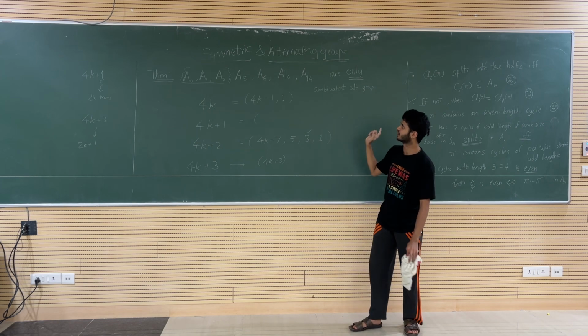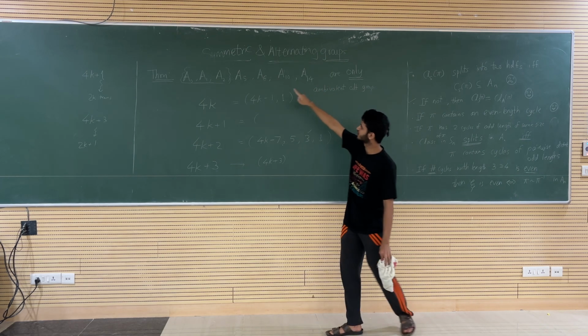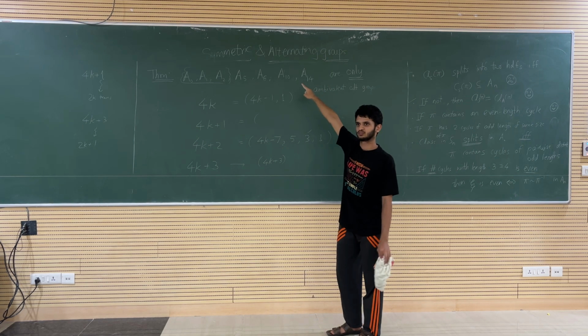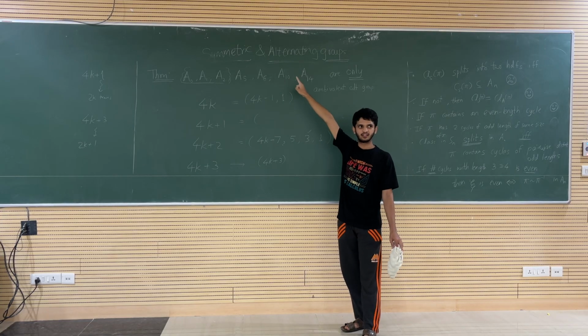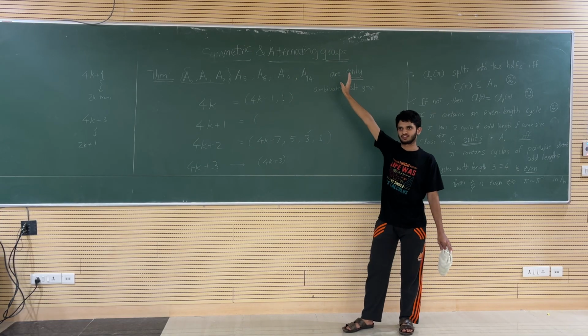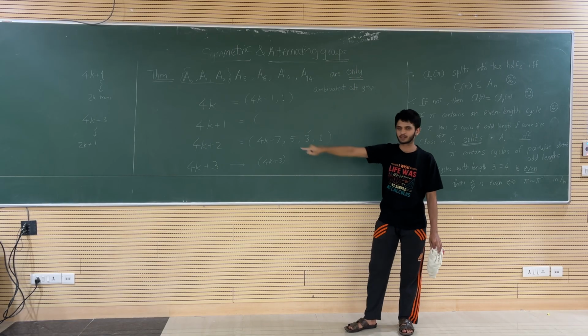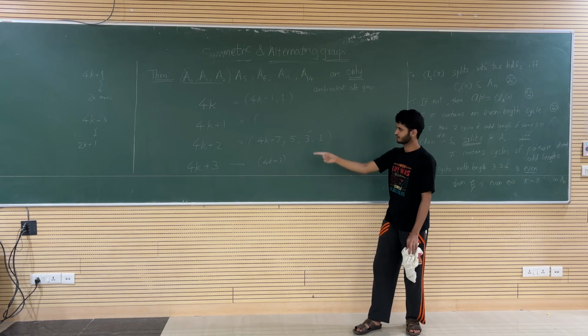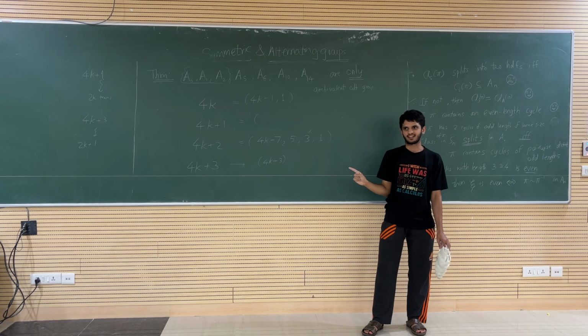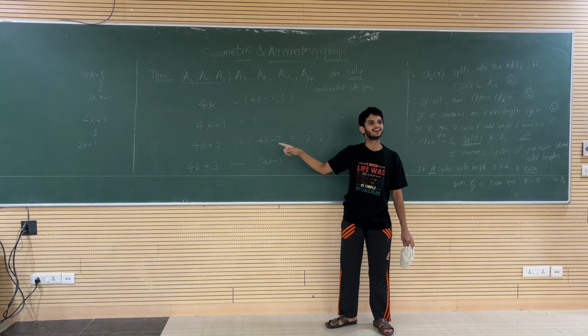Now you will be thinking there is something here which looks like 4k plus 2. What is that? 10, or 14 also. 10 and 14 and 6 also. All these three things are 4k plus 2. But why am I saying that this works? That's because it's not equal to. Exactly.